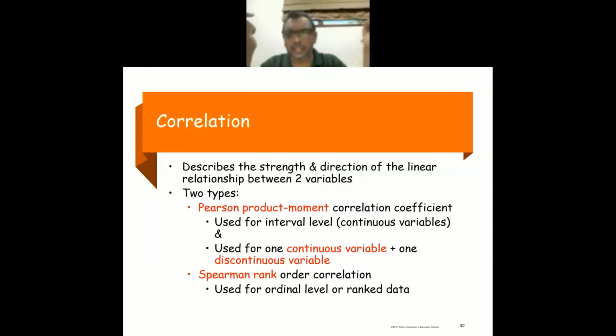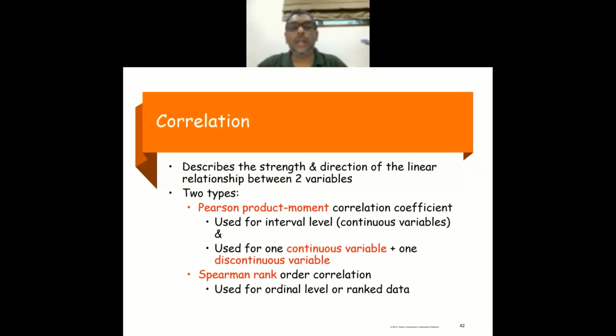Correlation describes the strength and direction of the linear relationship between two variables. Example of variables: fasting and losing weight. When we talk about the relationship and the strength, we need two variables.